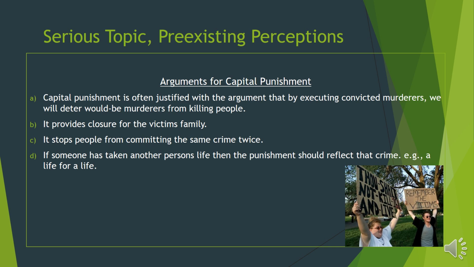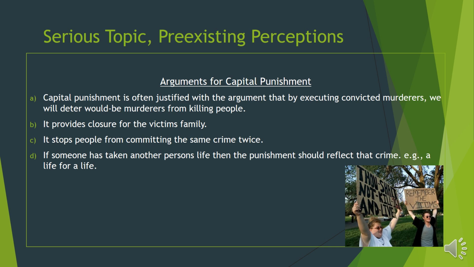Supporters of the death penalty argue it provides closure for the victim's family, that it helps stop people from committing the same crime twice, and that it's an eye for an eye or a life for a life, that the punishment should fit the crime.